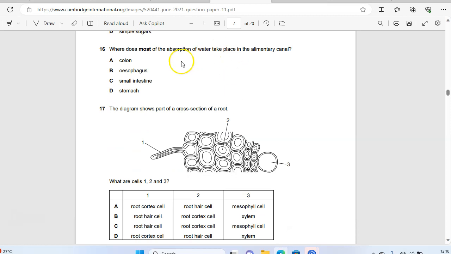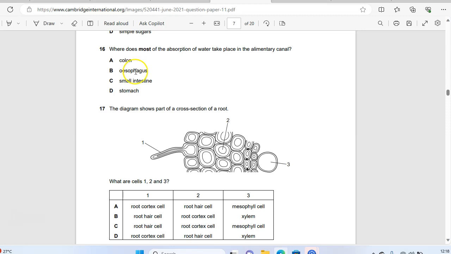Question number 16 here. Where does most of the absorption of water take place in the alimentary canal? Stomach, small intestine, esophagus, colon. For the esophagus, there is no concept of absorption.